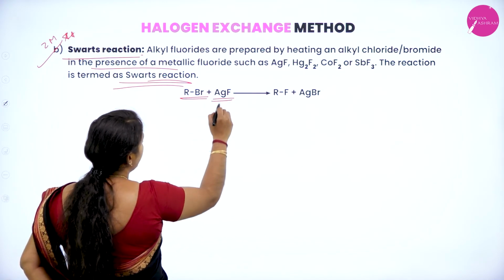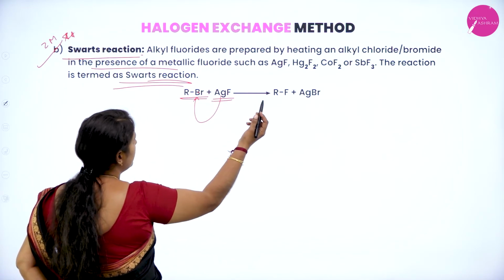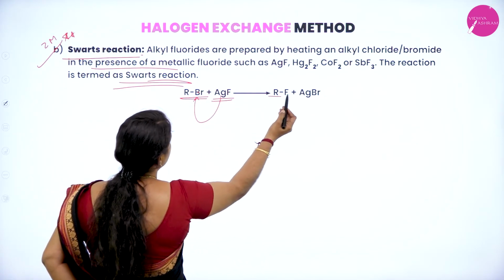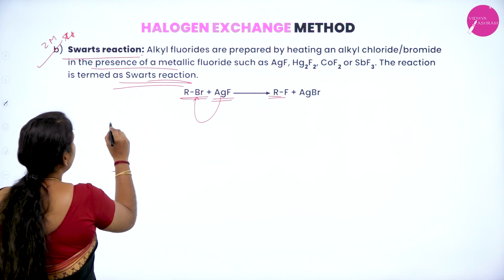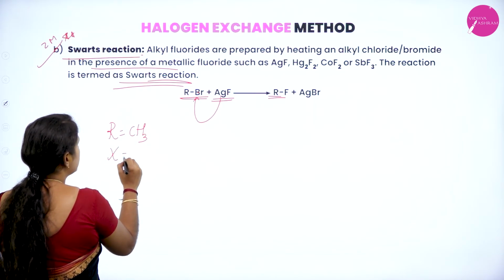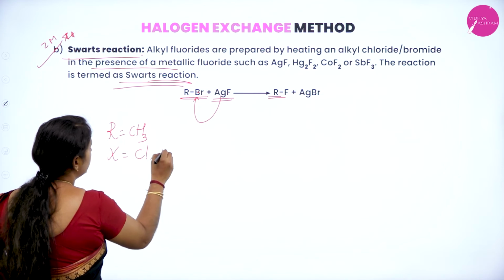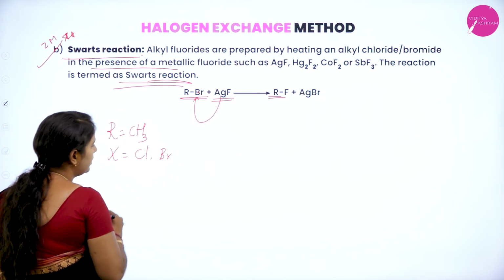You can see RBr, that is the alkyl group with bromine, in presence of AgF. Again, there is an exchange of halogen. Silver combines with the bromine to form silver bromide, and R combines with the F to form alkyl fluoride. Again, we will take up the reaction by taking R as CH3 and X as chlorine or bromine.